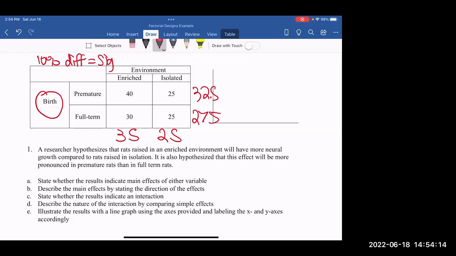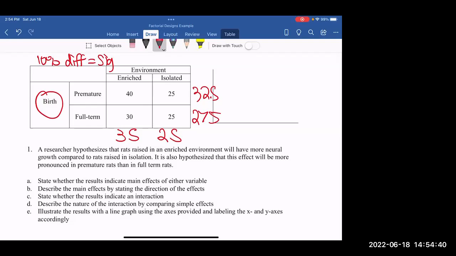So we would say something like, the overall mean neural growth for premature rats was 32.5 compared to the overall neural growth for full-term rats, which was 27.5. However, this difference did not reach significance.